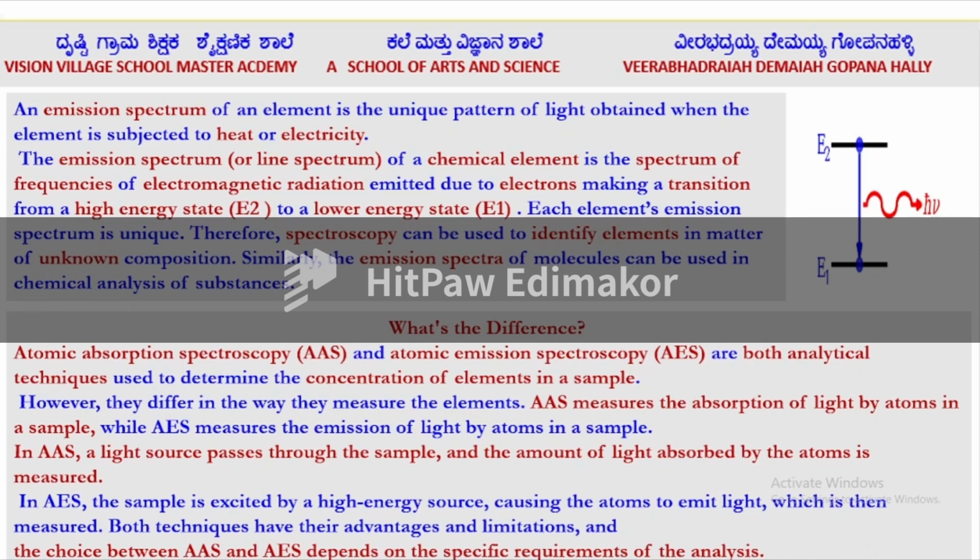So what is the difference between atomic absorption spectroscopy and atomic emission spectroscopy? Well, friends, let us have a brief discussion about the difference between those two sophisticated instrument technologies. For example, AAS is atomic absorption spectroscopy, and AES is atomic emission spectroscopy.